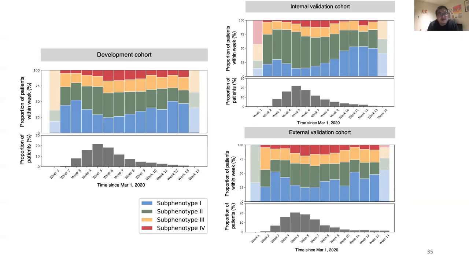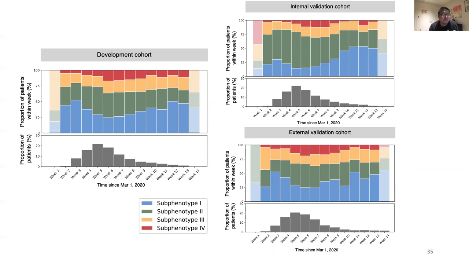We can see over time on the development cohort and validation cohort that subphenotype 4 appears mostly at the peak time, which is March and April in New York, while subphenotype 1 has some fluctuations over time, with a higher proportion at the beginning and at the end, with the rest of the portions occupied by subphenotypes 2 and 3.